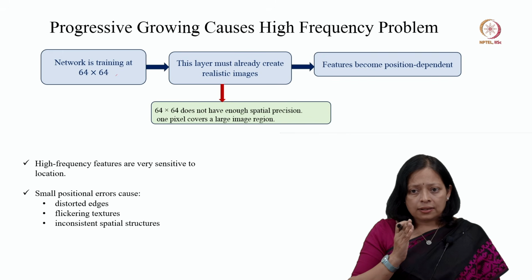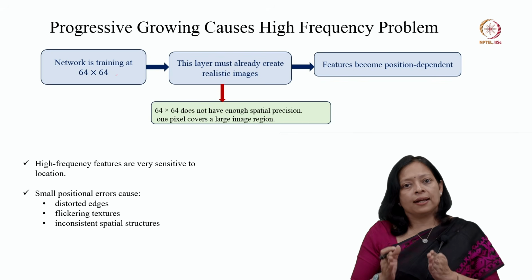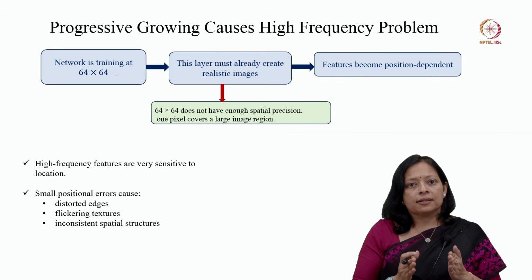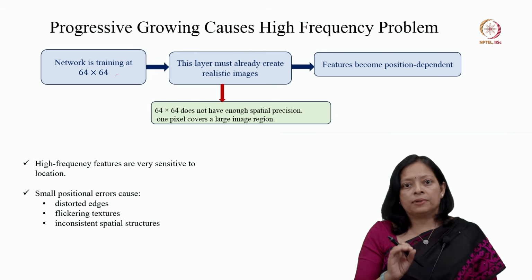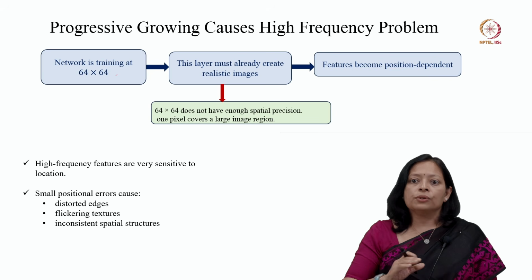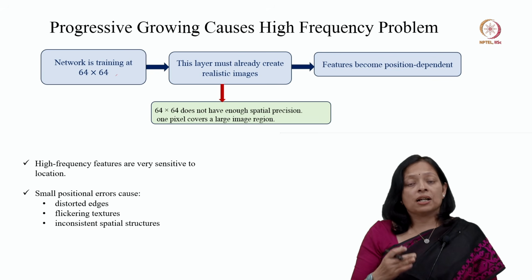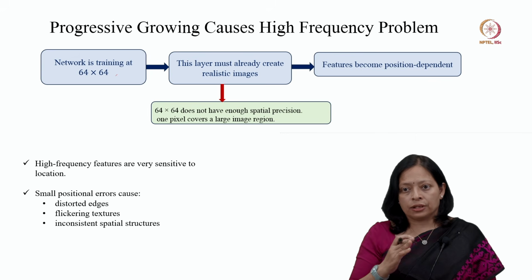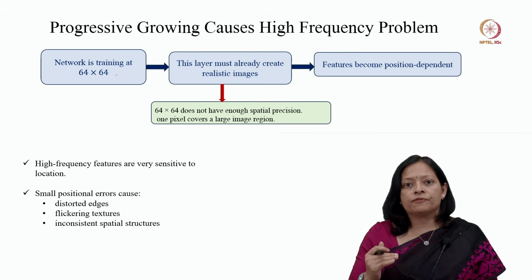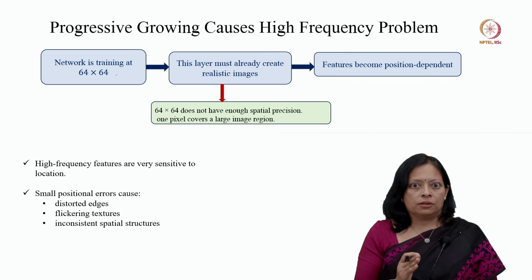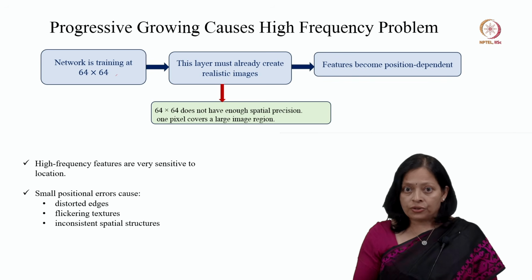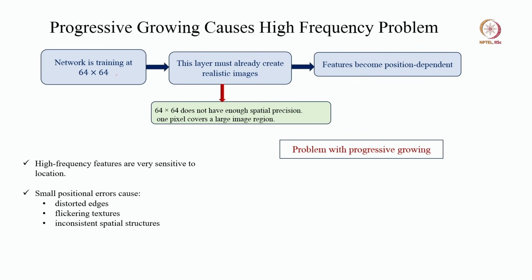If we consider the high frequency regions, a little bit of pixel shift or misalignment gives you a distorted image, and that becomes a major problem in progressive growing, because in each and every step of progressive growing we expect slight misalignment of the position with respect to the previous one. Now, we will just have a look how that problem is coming here.